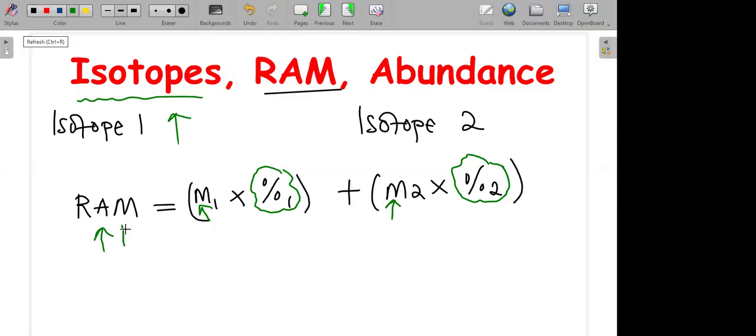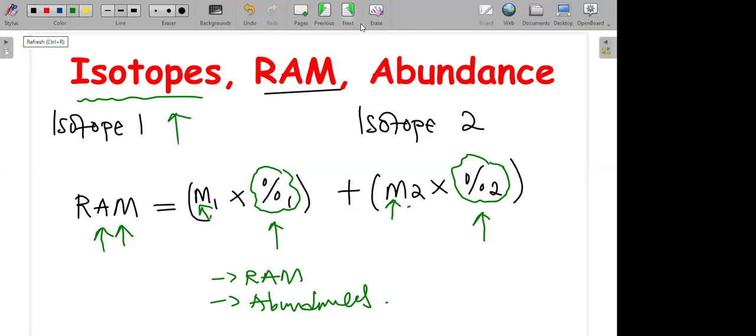So they can give you this RAM, they give you this mass, they give you this mass, and then they ask you to find this percent and this percent. So there are only two types of questions that will be asked under isotopes. It's either you are calculating the RAM, or you are calculating the what? The abundances. That's all.